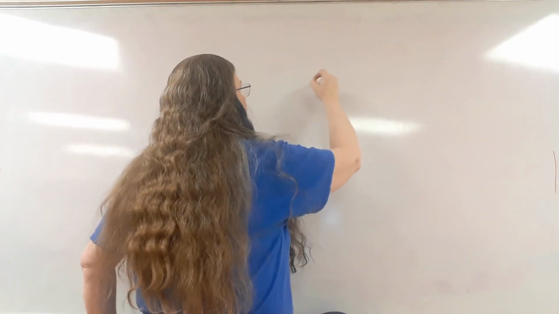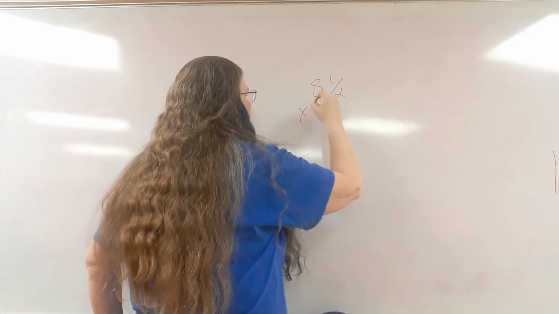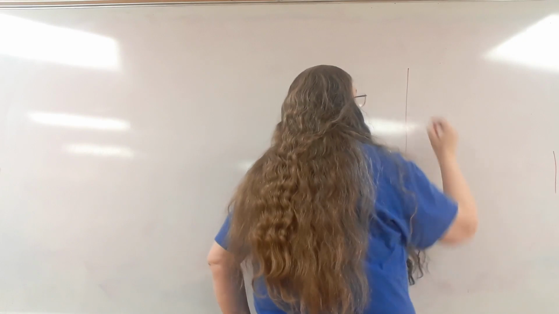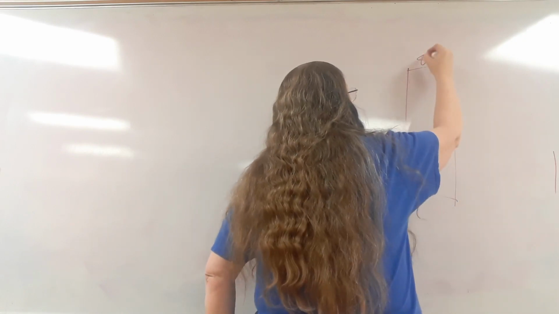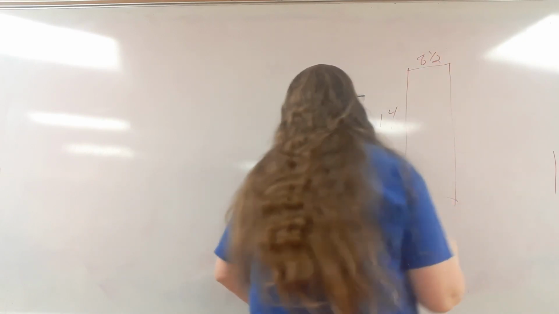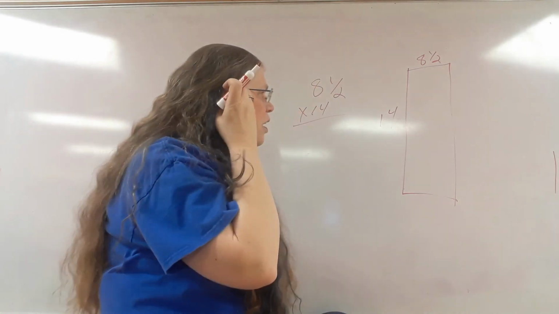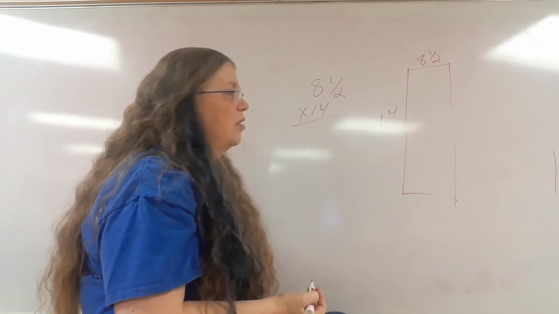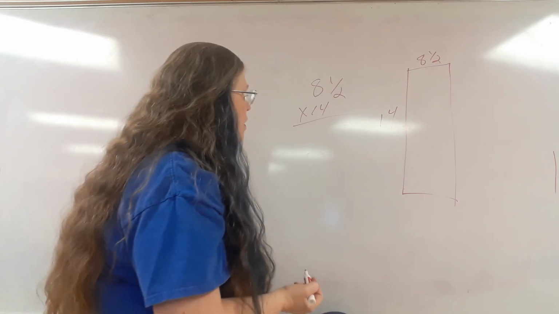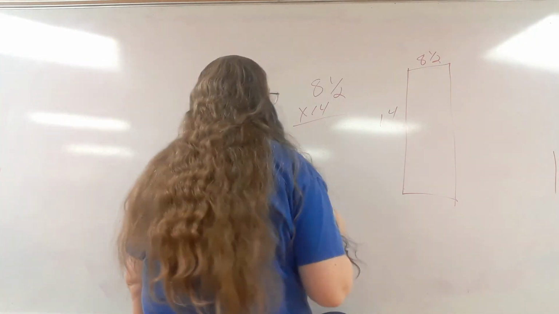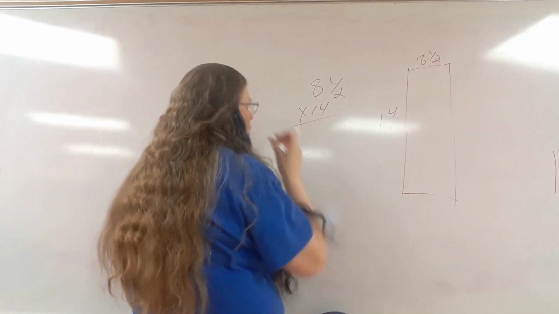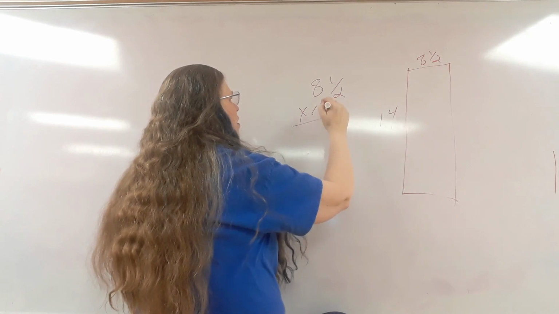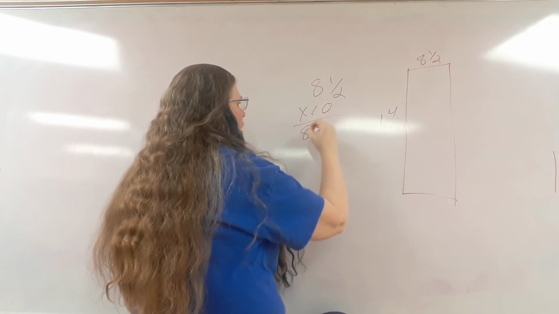So it's 8.5 and 14. Because we have a run that is 8.5 by 14, not drawn to scale. But in these you don't have to. You just have to have an idea. Okay? So, let's do it. 10 times 8.5 is 85.